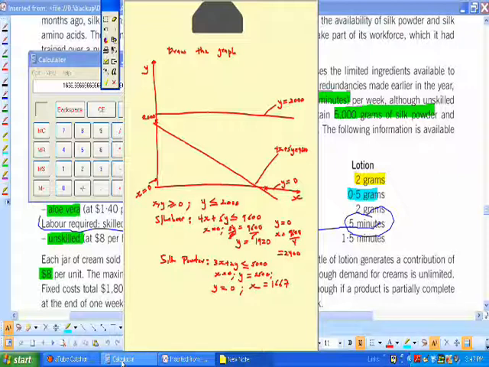Okay, so let's try and draw these 2 points. So y is 2500, probably somewhere here, and x is 1667, probably somewhere here.